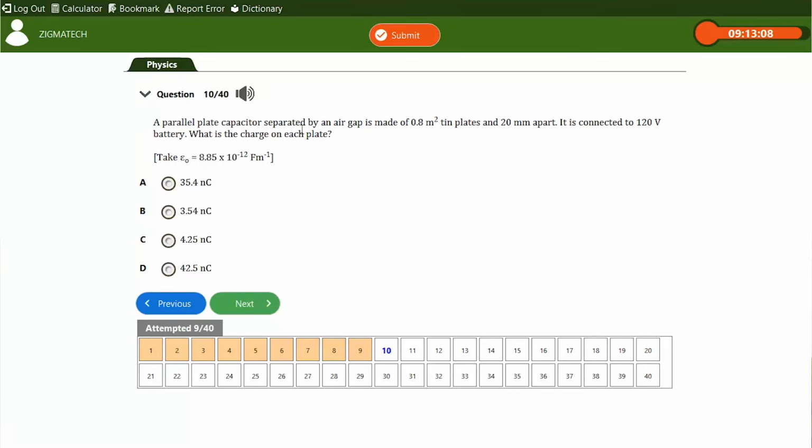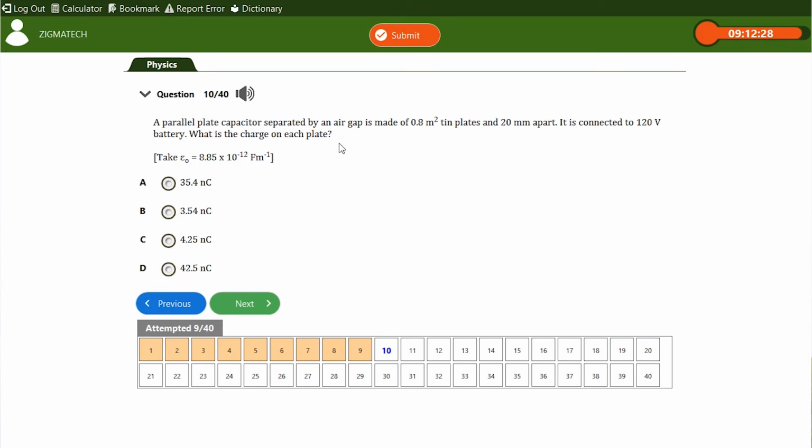A parallel plate capacitor separated by an air gap is made of 0.8 meter square thin plates and 20 millimeter apart. If connected to a 120 volt battery, what is the charge on the plate? Alright, so we are going into capacitor.